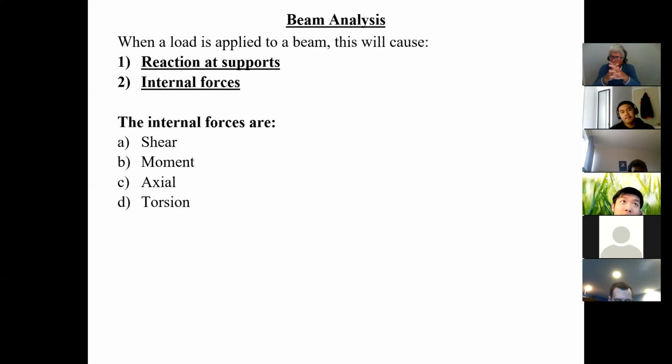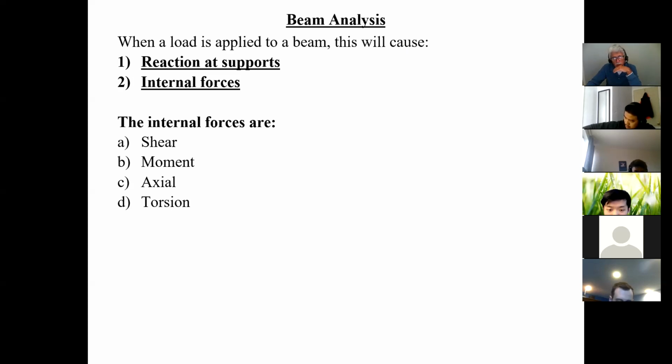Did you guys ever hear about torsion in physics? Okay, so those are the 4 possible forces that can develop, all depending on what the load is and how it's being applied. Now, very rarely do we talk about torsion. Mind you, I can show you many situations where torsion will exist.